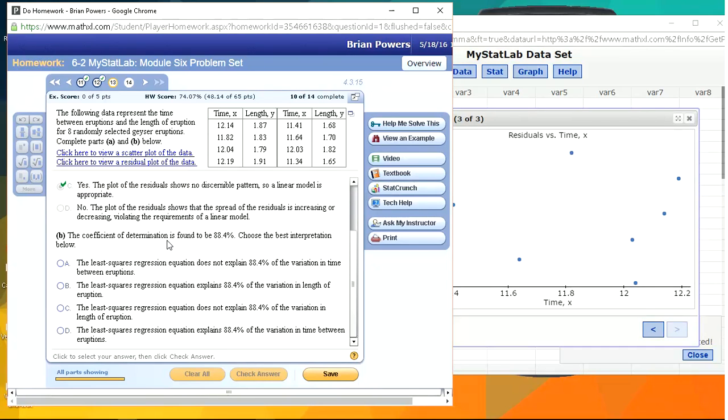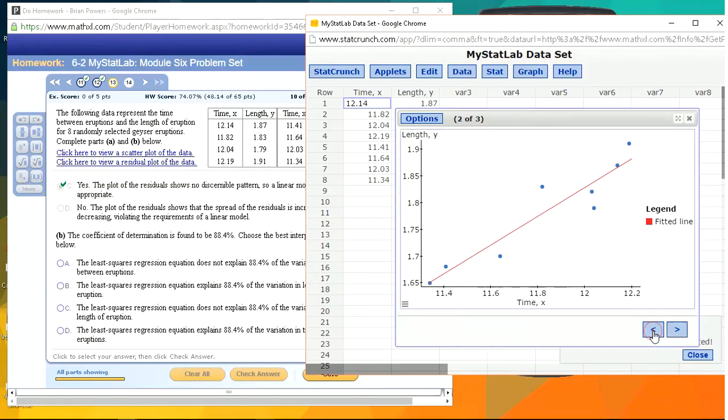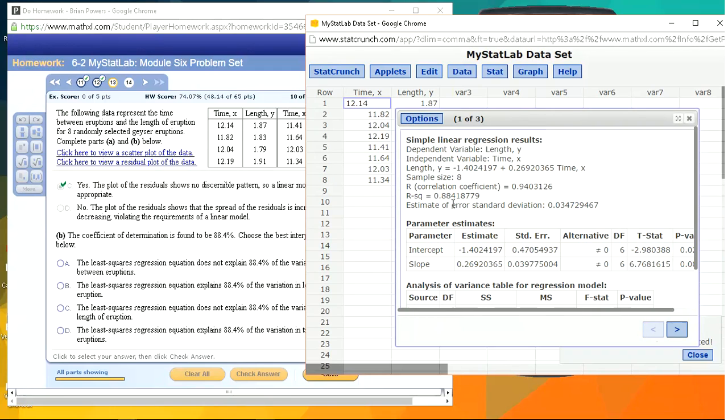The coefficient of determination is 88.4. So let's go back to talk a little bit about the coefficient of determination. And you can see it right here. R squared, 0.8848. So 0.884, 88.4%. The correlation coefficient tells you whether it's a positive or a negative linear relationship.